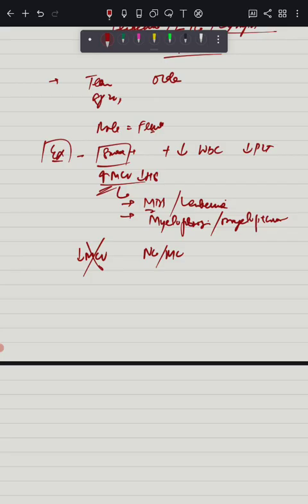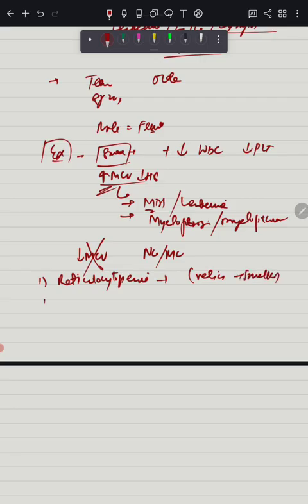But the RBCs are usually normocytic or mildly macrocytic, but not microcytic. So why macrocytic or normocytic in aplastic anemia? The reason is reticulocytopenia. Low reticulocyte count means absence of smaller, younger red cells, because retics are usually smaller.